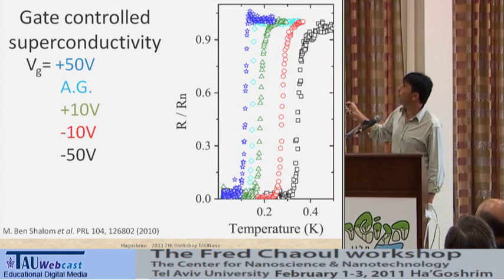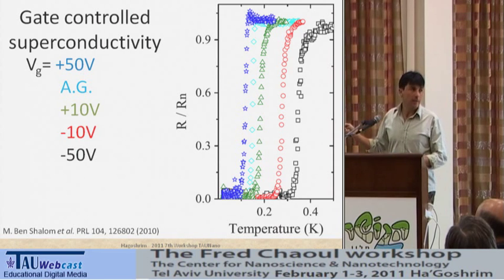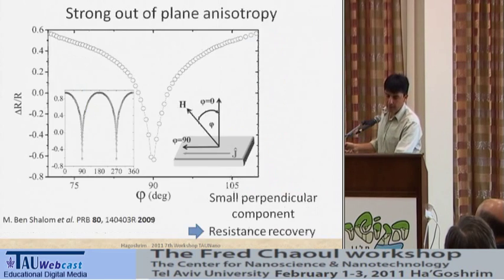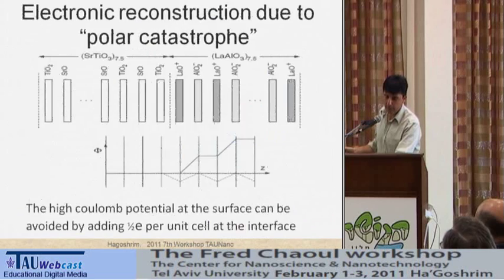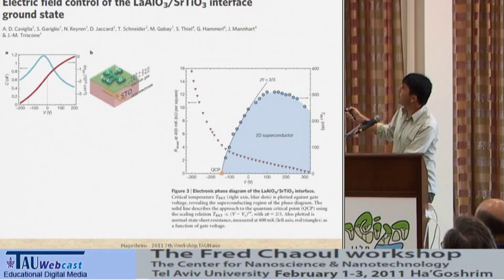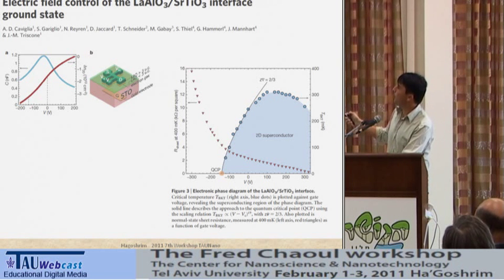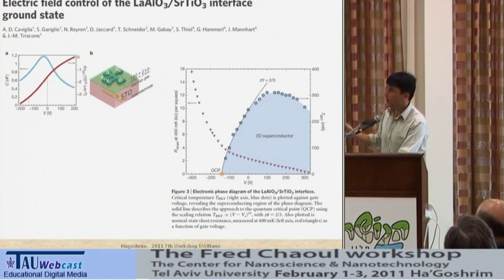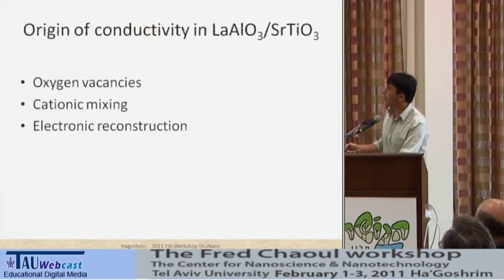So here you have about 350 millikelvin. If we look at this phase diagram, we are studying this region here. So you increase the number of carriers, TC decreases, and if you decrease the number of carriers, TC increases.